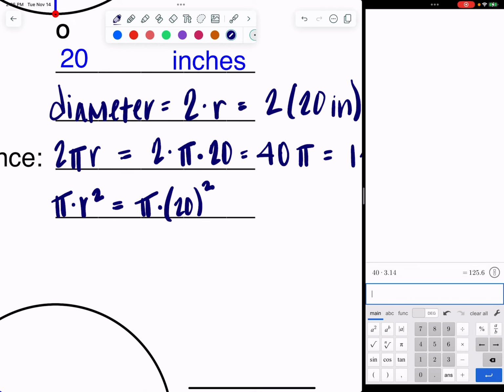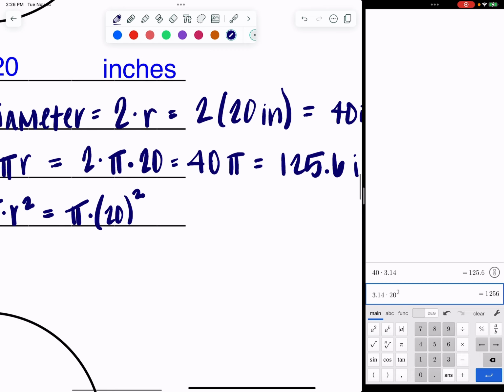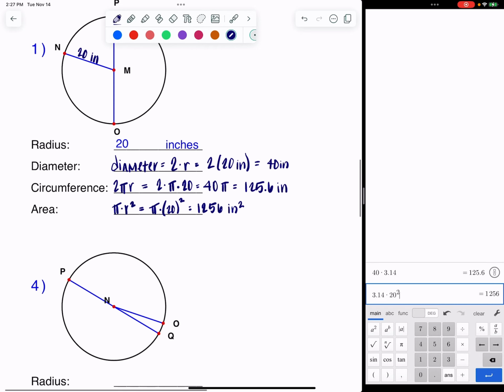So I'm going to go over here to Desmos, and I'm going to do 3.14 times 20 squared. And I get 1,256, and I'm doing area, so I need inches squared. That's it, guys.